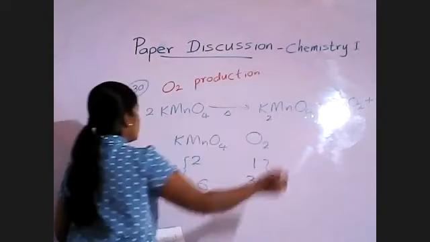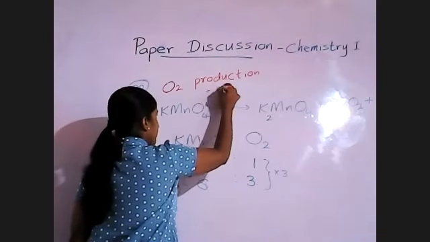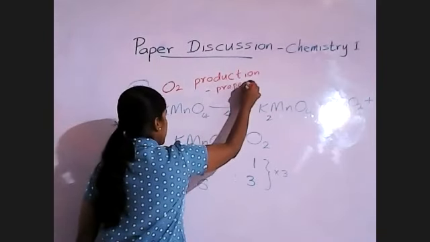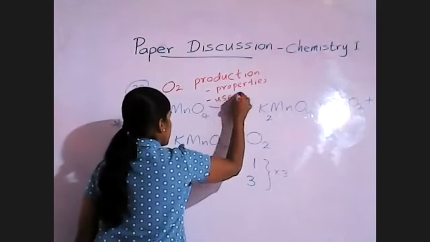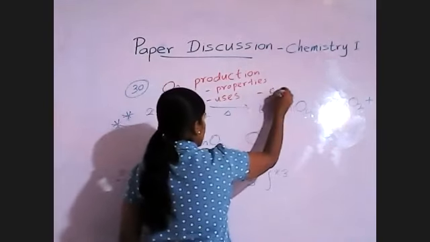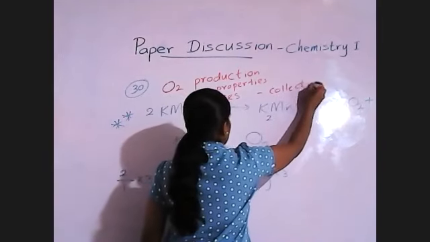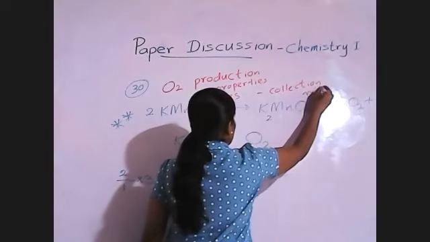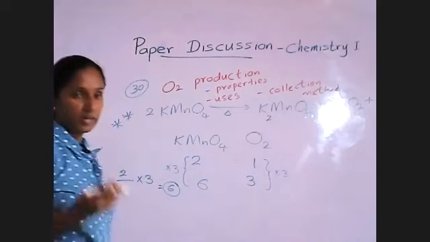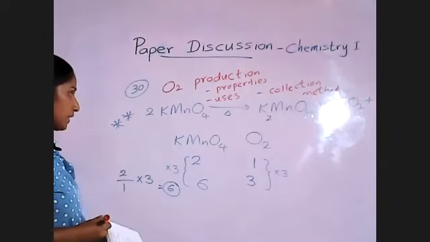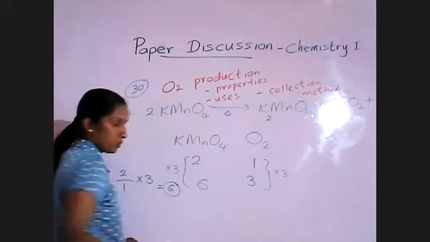Then you can find the properties of oxygen gas, uses of oxygen gas and the collection method of oxygen gas. And there you can remind the other two also, hydrogen gas and carbon dioxide gas. And you have to remember this ratio.